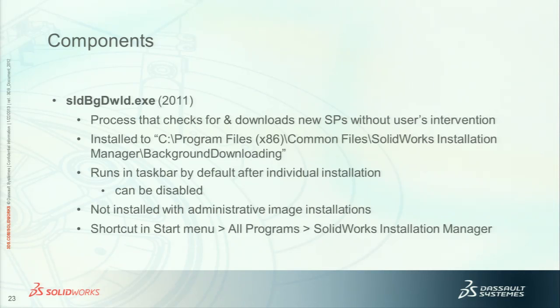And it's a background downloader, so I forget what the default setting is, but it's there to periodically ping our download servers and see if there's a new service pack. If there's a new service pack, it'll start downloading it in the background for you, so you don't have to worry about going to check for updates and clicking check and, oh, there's no new version available. So it's a way to kind of be proactive and get new media for you.